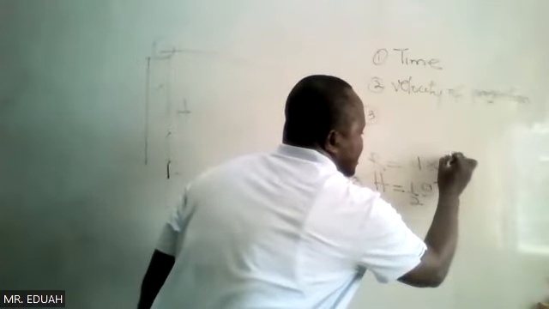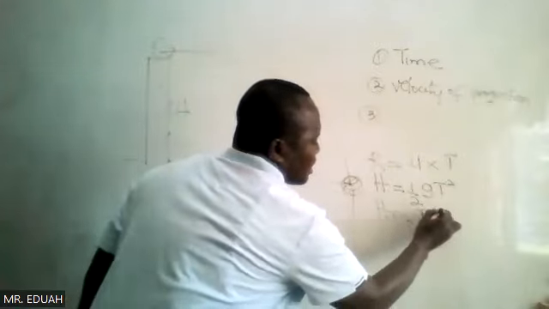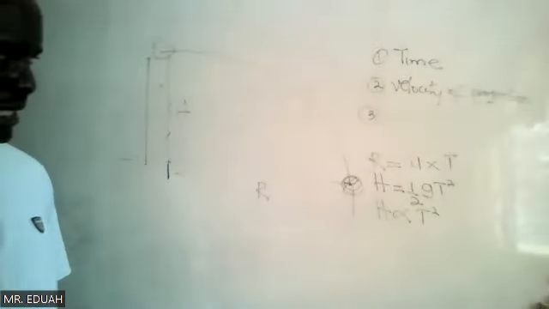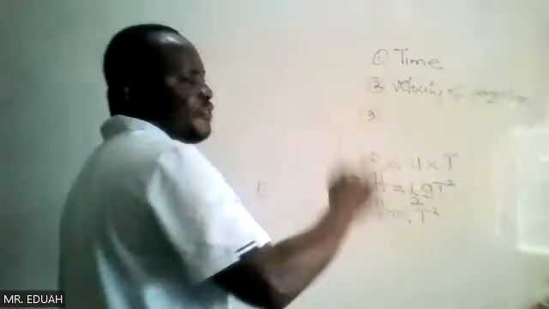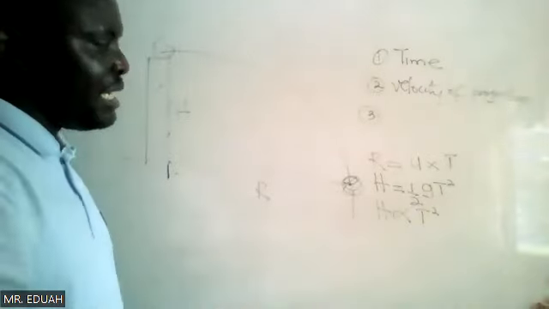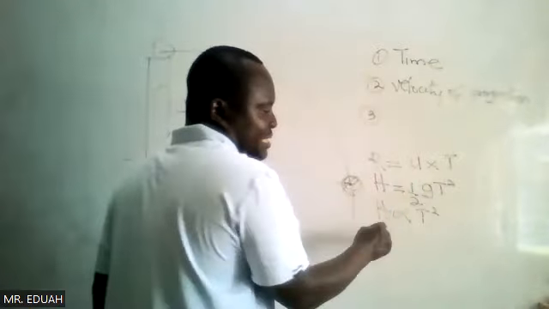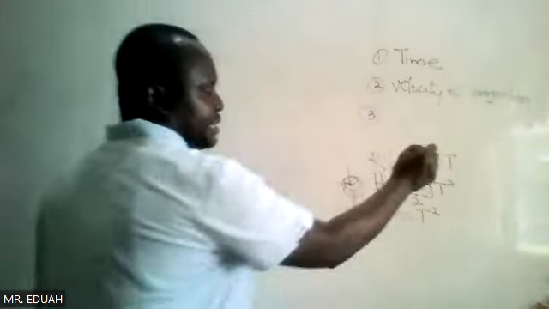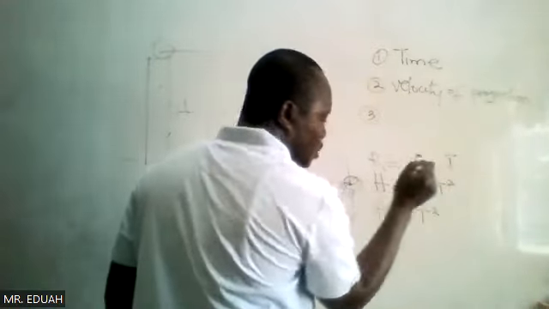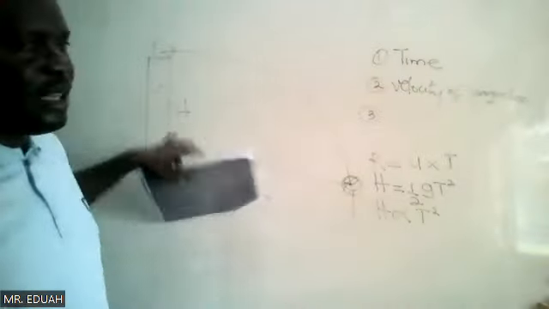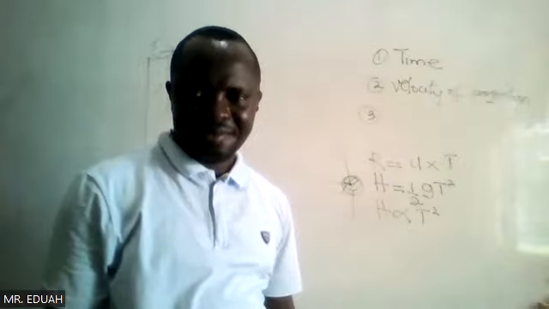What it means is that H is directly proportional to the square of the time of flight. So if the range depends on the time of flight, then certainly the range would also depend on the height, because T here and T here are the same. All right, so H, the height of the building, also affects the range.